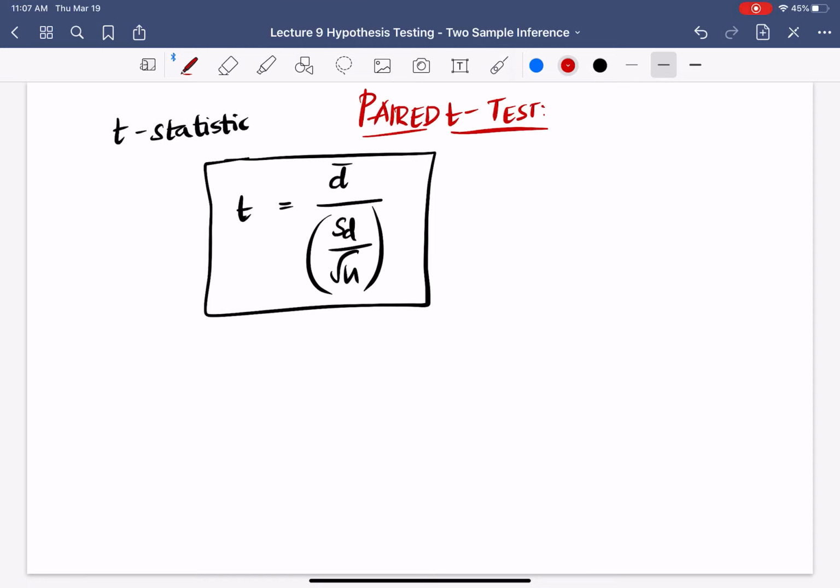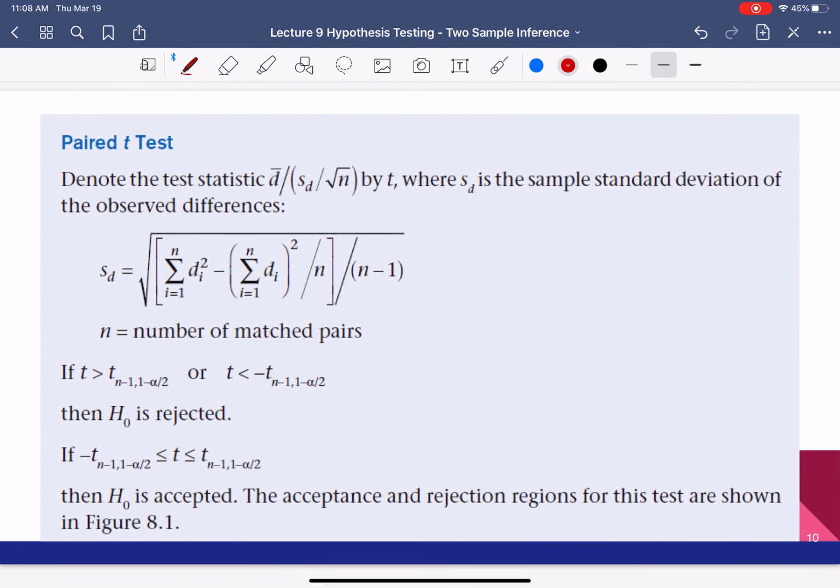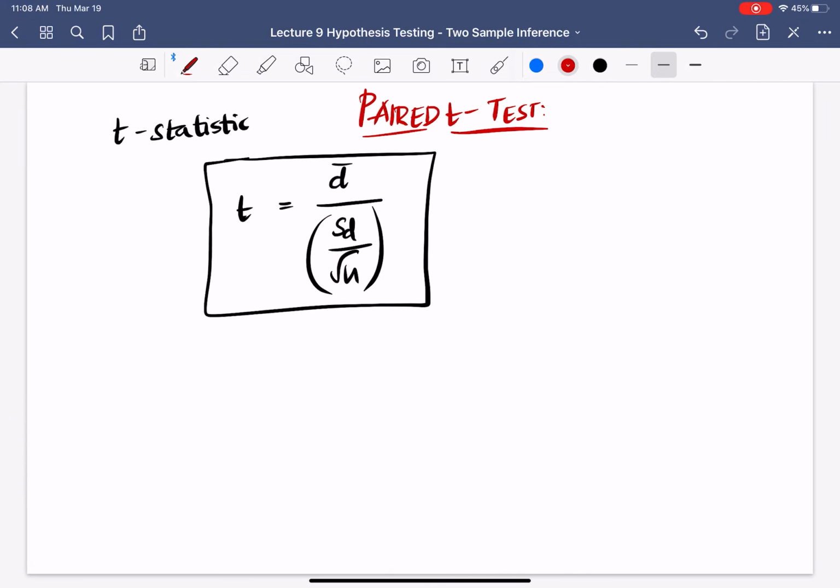Once you have the t statistic, we then check the values, and here we consider two hypotheses. We have H0 and we have H1. This t value is the test value. We also consider the alpha value as 1 minus alpha by 2.